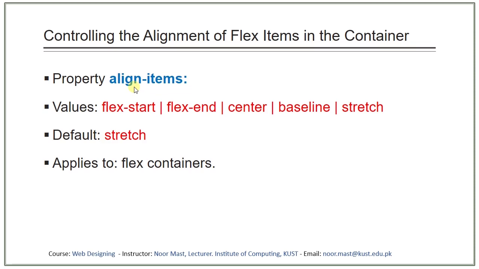On the other hand, the align-items property aligns the items across the cross axis, and the different values used with align-items are flex-start, flex-end, center, baseline, and stretch, where stretch is the default value, and this property is also applied to the flex container.